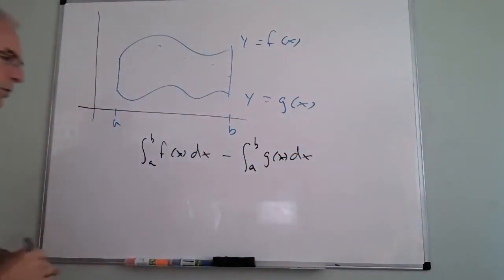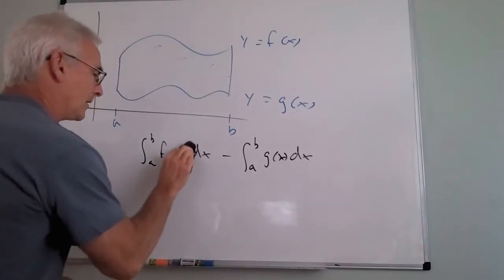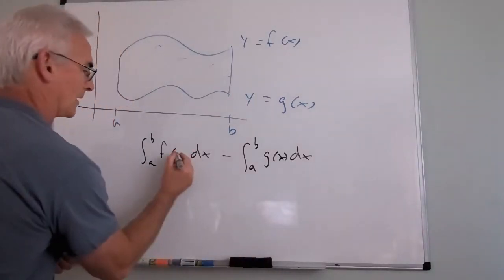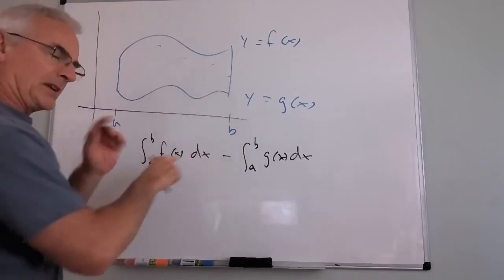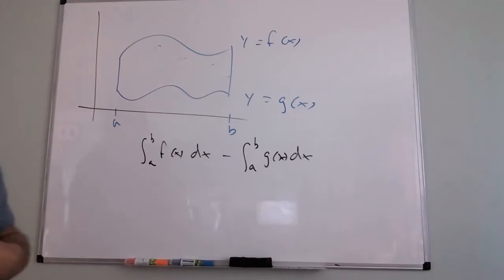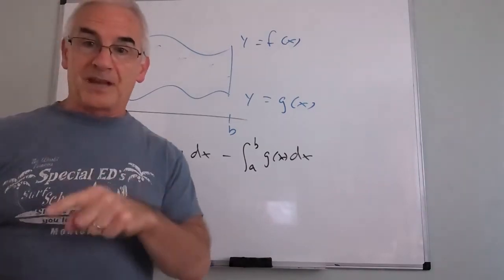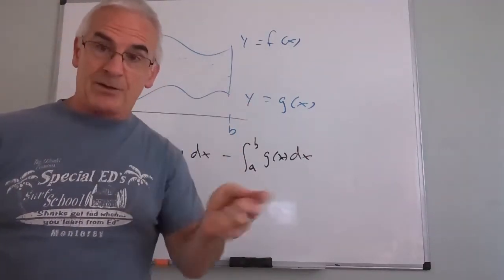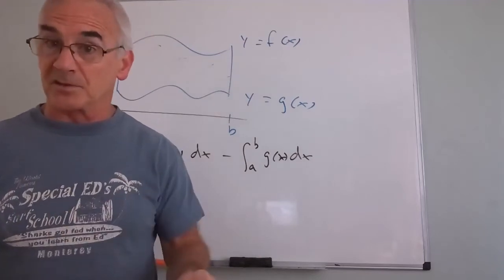Now, we have a rule for working with limits of integration where we can combine integrals, and these are the same limits. But we also know that the integral of a scalar multiple, the scalar can go in and out. And we know that the integral of a sum is the sum of the integrals.